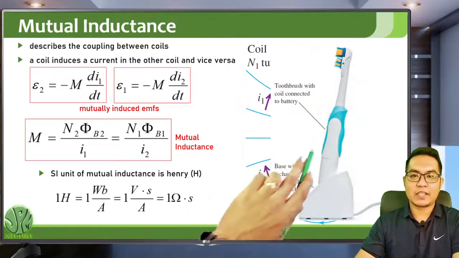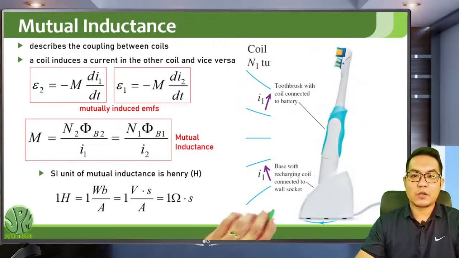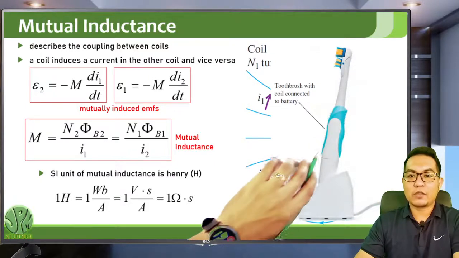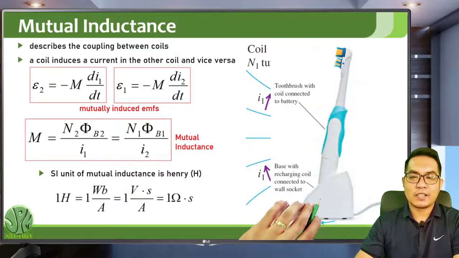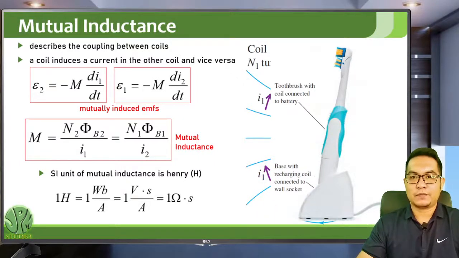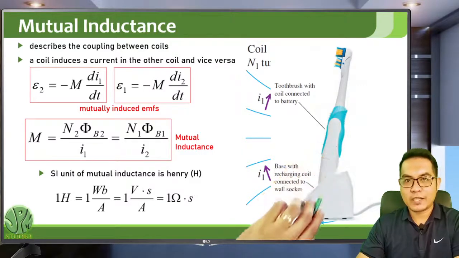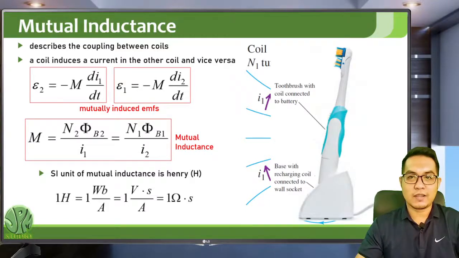There is a coil in the base of the toothbrush and also a coil in the base of the charger, and the way to charge the toothbrush is to change the current in the base coil. It will induce a current in the toothbrush, and that will charge the battery in the toothbrush. So that's wireless charging, essentially.